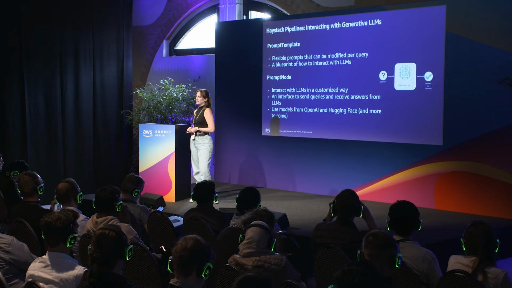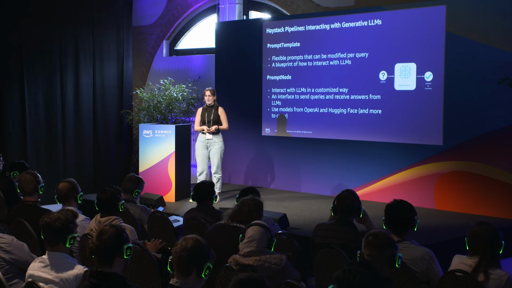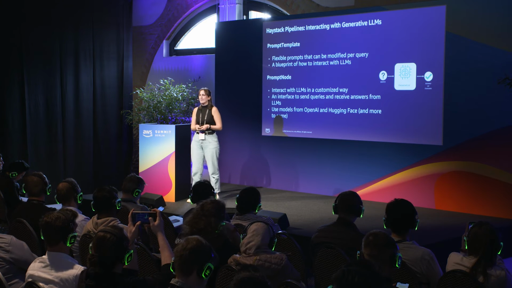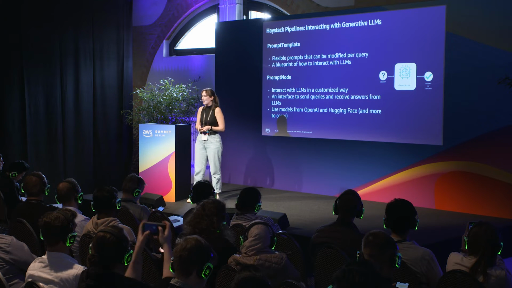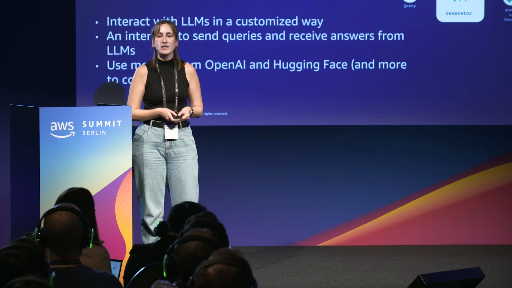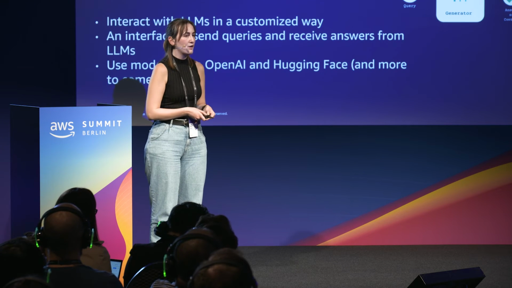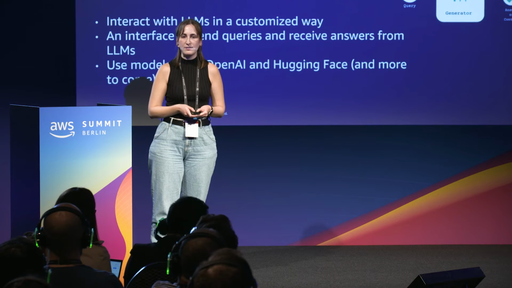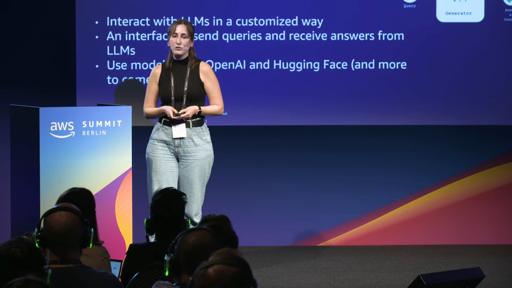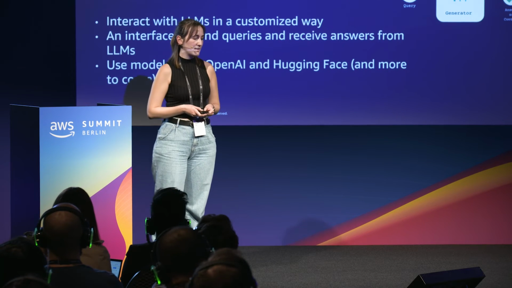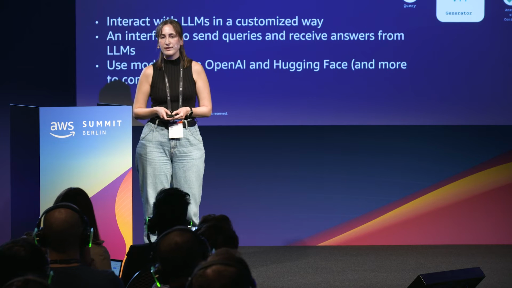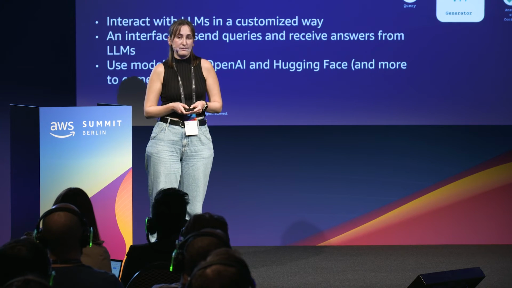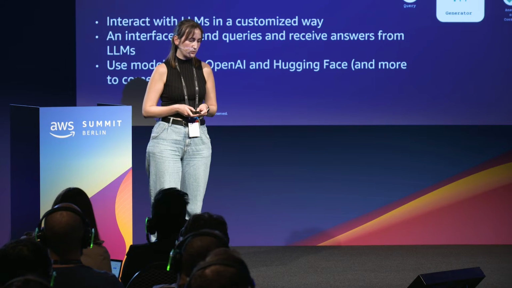The prompt template is basically a way we can flexibly modify our prompts and provide a blueprint of how we want to interact with any given large language model, whether that be from OpenAI or a model from Hugging Face and so on. And the prompt node is really our interface. It is the thing that is sending the queries and receiving answers from these large language models. And you can decide to use OpenAI or anything else as well.